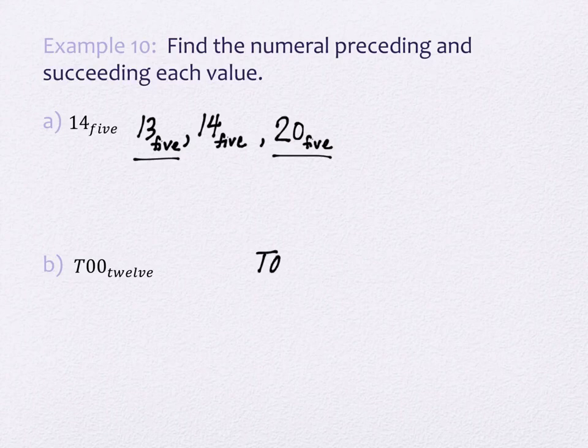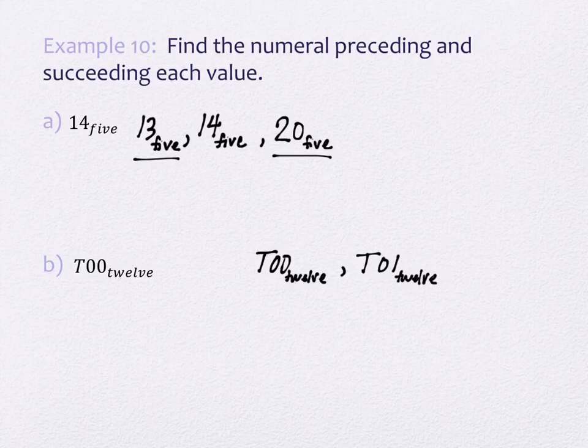So we have T00, base 12. On this one, the easy one's the one that comes after. What comes after T00? T01. Remember, we only change the last digit. That's our goal, to only change or affect the last digit when we can. So this is T01 base 12.